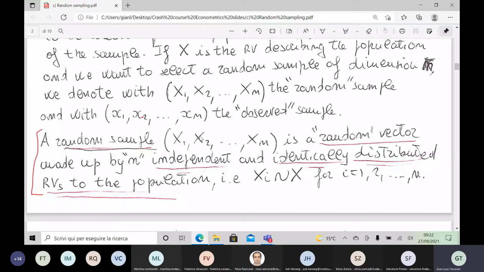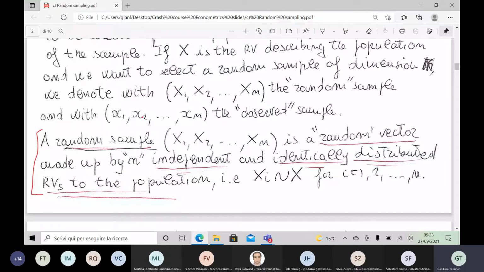So in order to study the unknown characteristic of the population, you establish to select a sample. Before selecting a sample, your sample is a random vector. You know that you want to select a sample, for example, of dimension 100, 100 elements from the population, but before selecting it, your sample is a random variable. And now I explain why. Which is the meaning of X1, guys? X1 is the random variable describing the first element of your sample.